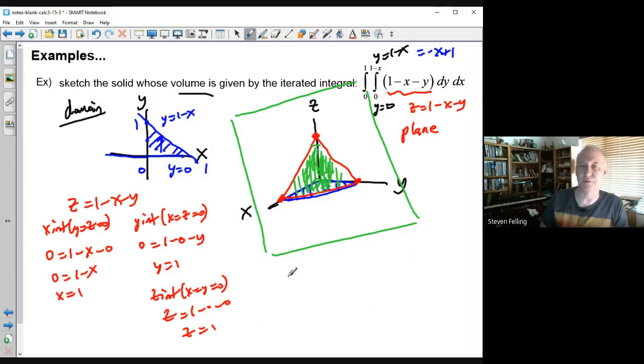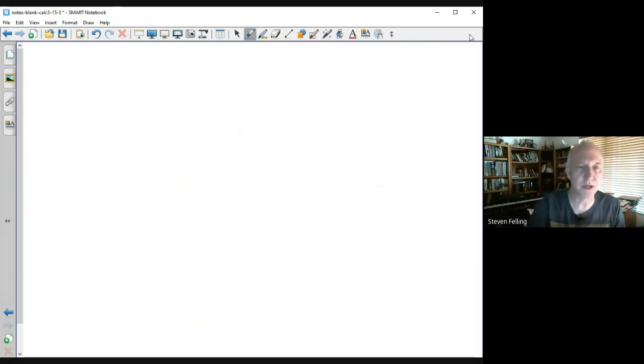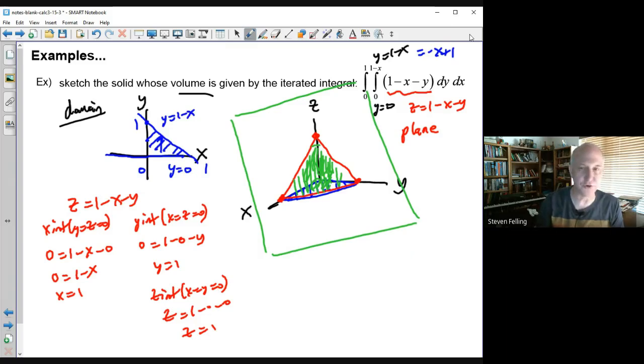So that would be a sketch of the volume that this is finding. All right, and I think that's the last example. So things to keep in mind, just do the sketch for the domain, draw the arrow, right? This is the start of the arrow and the end of the arrow, using this variable, y equals 0, y equals 1 minus x. I think you should be good.